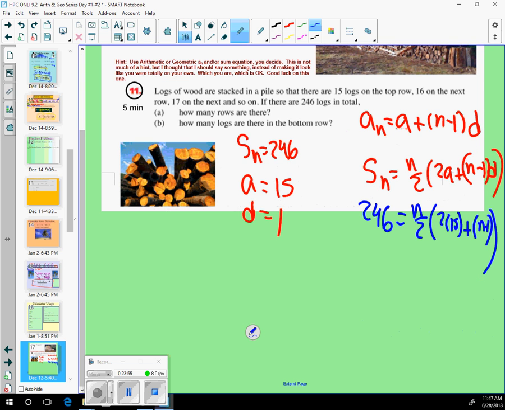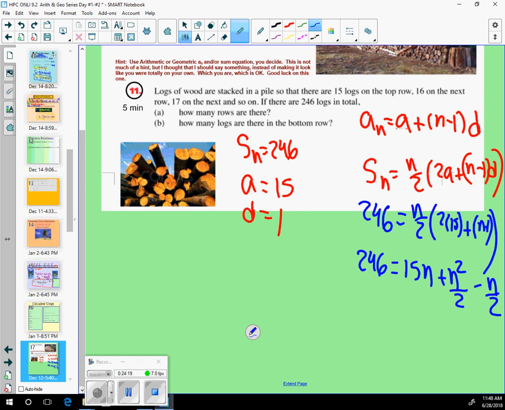Okay? So 246 equals 30 over 2 is 15n plus n squared over 2 minus n over 2.